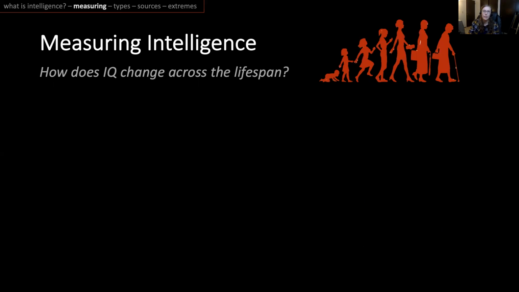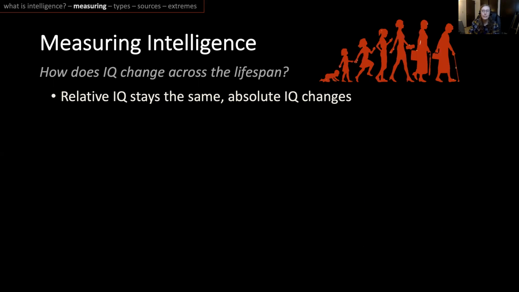So you may be wondering, are IQ scores permanent or do they change across the lifespan? What we tend to know is that your relative IQ, so your IQ compared to your peers, tends to stay the same. But your absolute IQ, so your actual intelligence value, might change a bit.